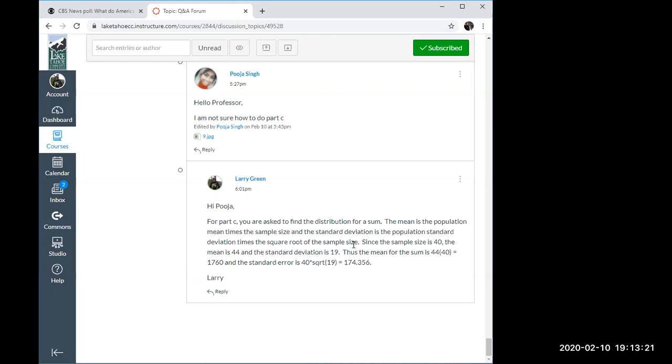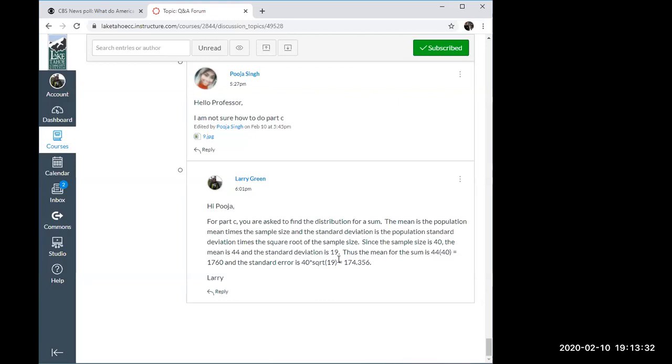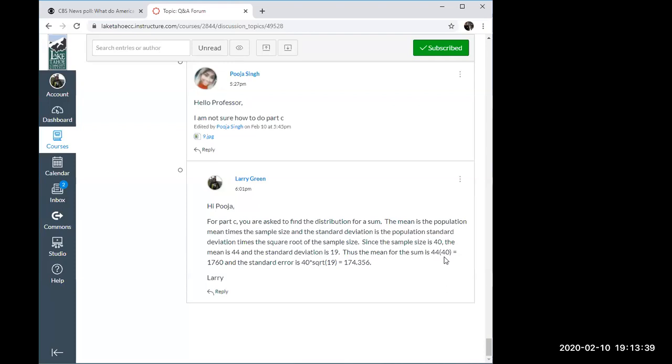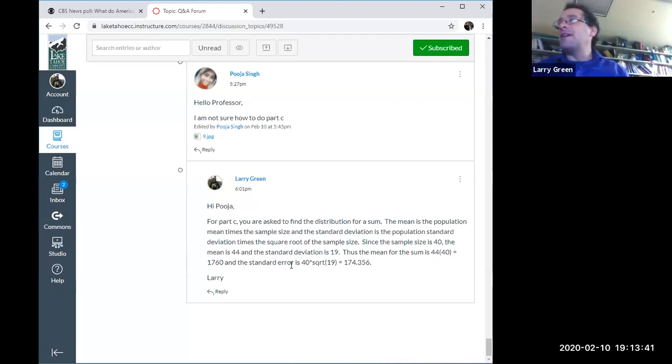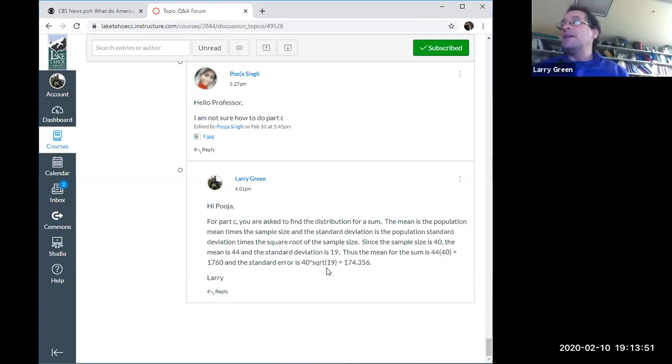Okay, so the idea here, the sample size was 40, and the mean was 44. The standard deviation was 19. That was given in the question, right? So the mean for the sums will be 44 times 40, and if you do 44 times 40, you get 1760. And the standard deviation for the sums will be 40 times the square root of 19. Oh, you know what?